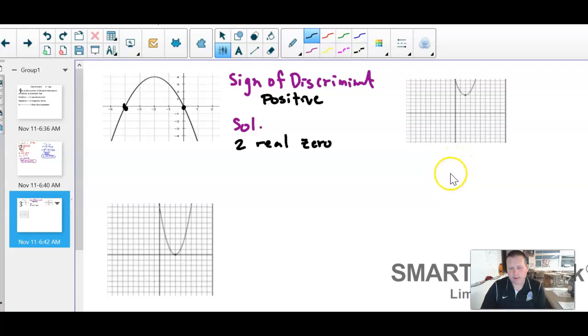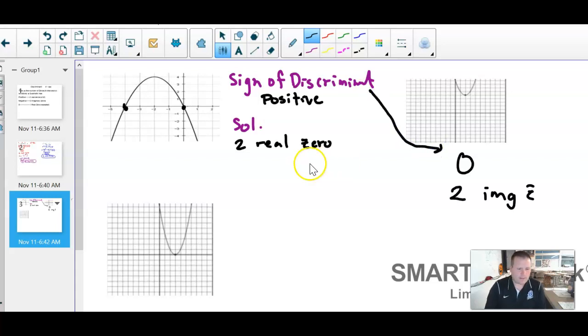Okay, so that means that I'm going to have 2 imaginaries if there are no x-intercepts. And then this last one, you can see it touches one spot right here.